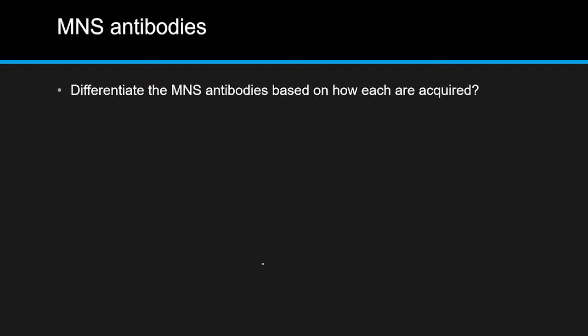Graminea. Okay. Vicia graminea. All right. Now differentiate the MNS antibodies based on how each are acquired. So M, N, S, s, U are acquired how? Which one is naturally occurring?